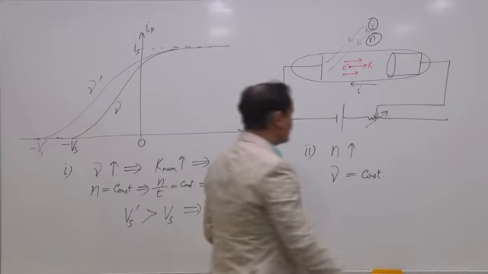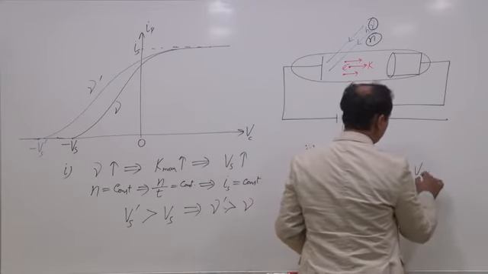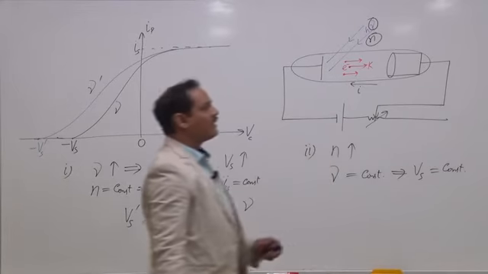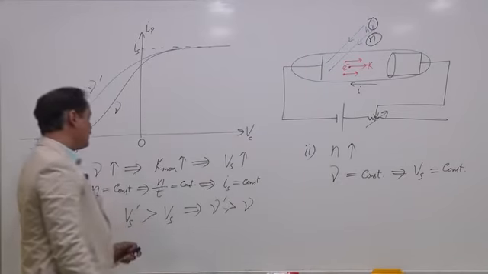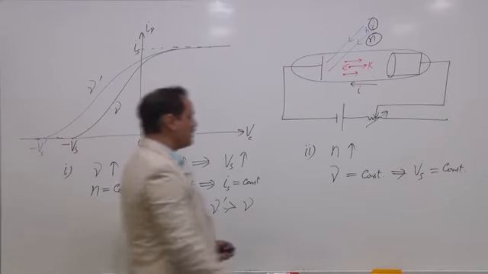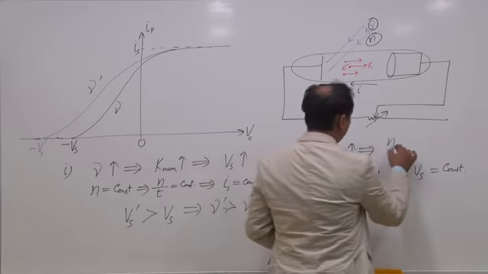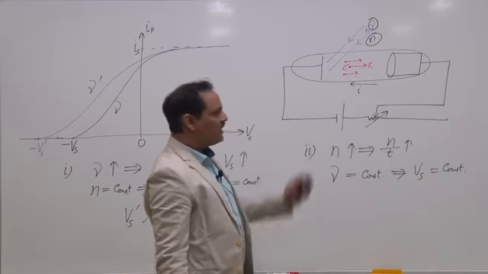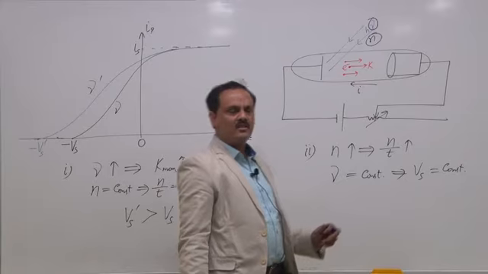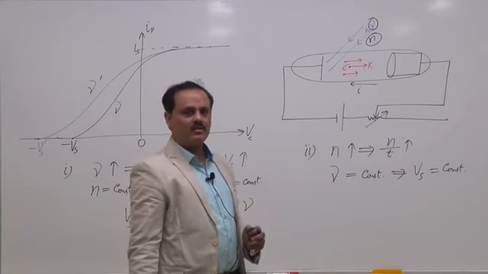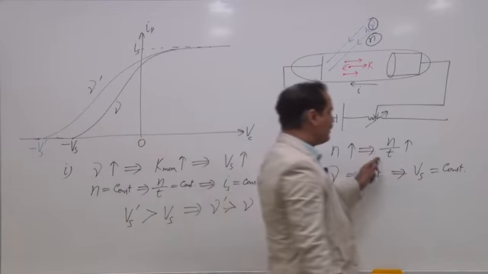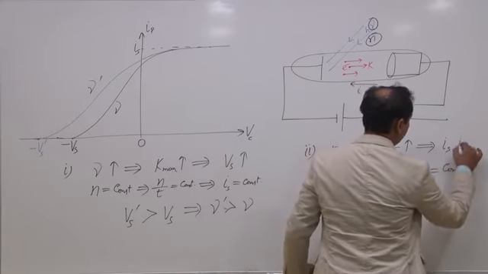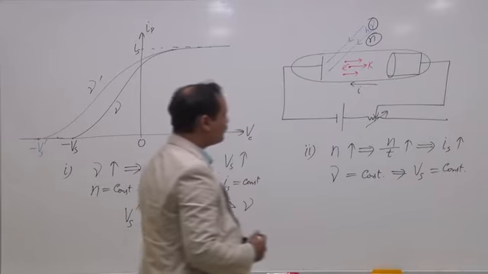So as frequency is constant, this implies stopping potential is constant. But as rate of incidence of photons increases, rate of emission of electrons is also increased, and as rate of emission of electrons is increased, this implies the saturation current is increased.